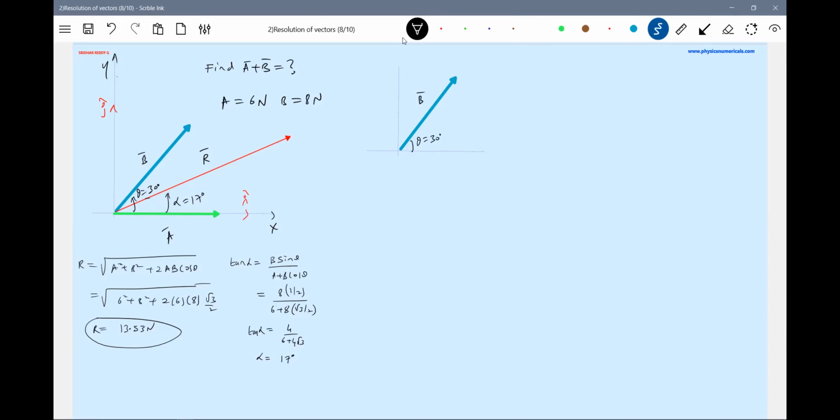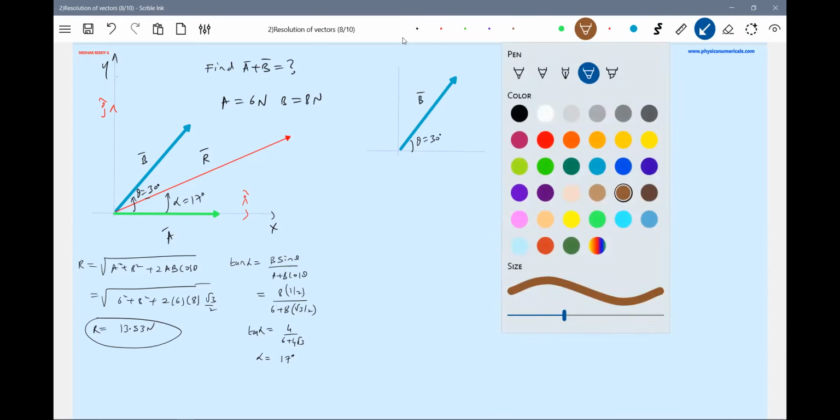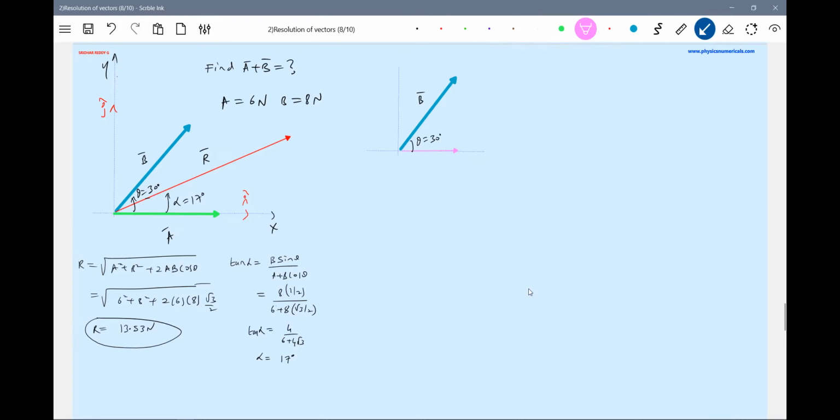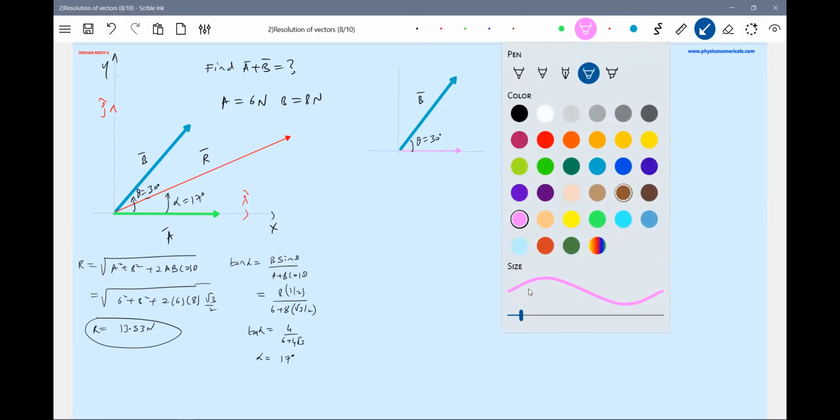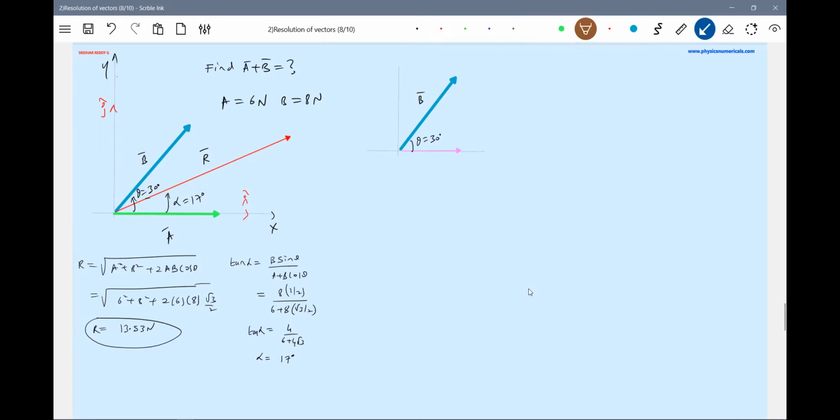So what are its x components? I'm going to break up this vector. A component of this will be here. The other component will be here.